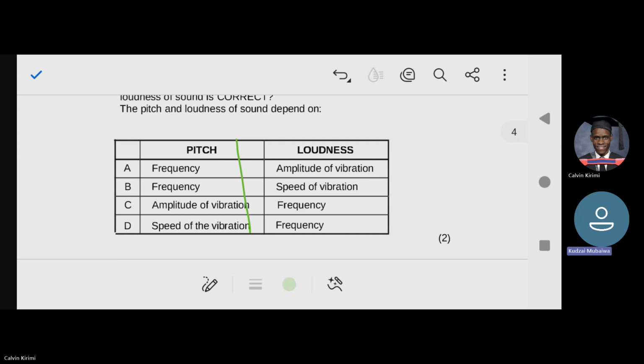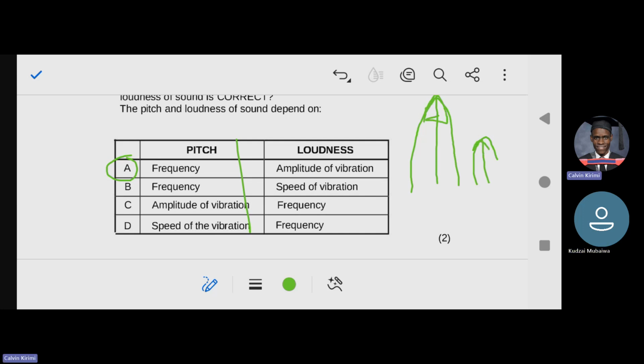Oh, I mixed them up together, sir. Yes, so pitch is the frequency. And then the loudness is the amplitude of the vibration. Yes. They are talking about how far this amplitude reaches, the height of the wave.